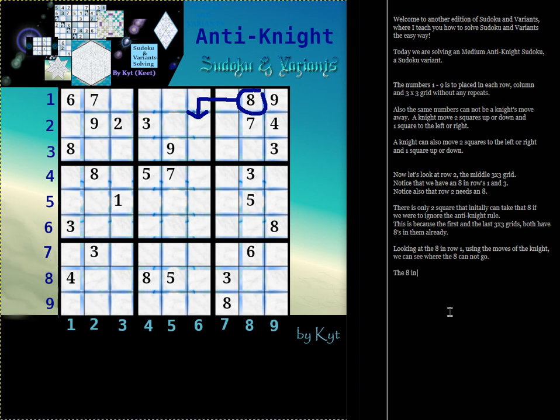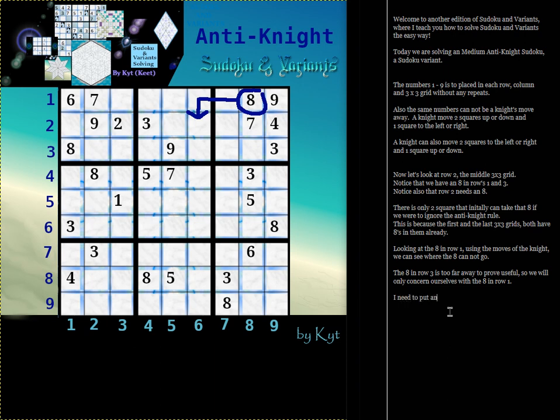The 8 in row 3 is too far away to prove useful, so we will only concern ourselves with the 8 in row 1.